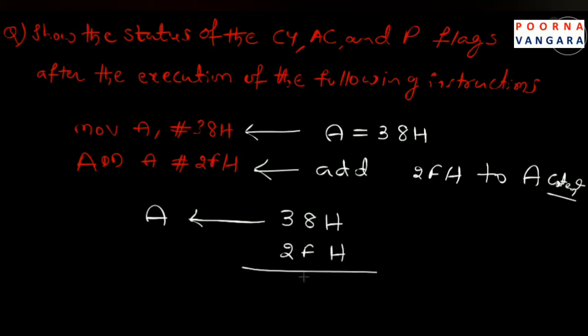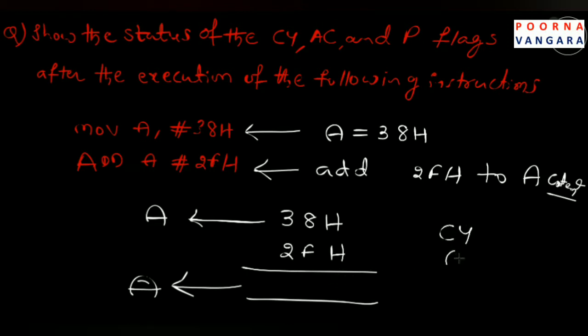You will be getting some answer, and that answer will be stored back in the accumulator. By looking at this answer, you need to write the status of these flags.